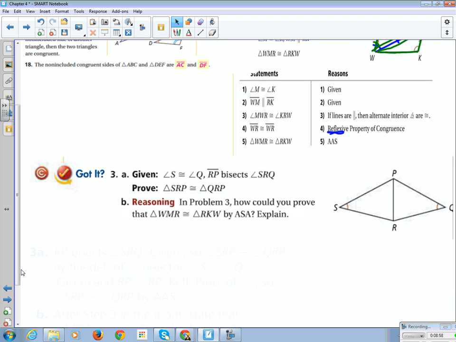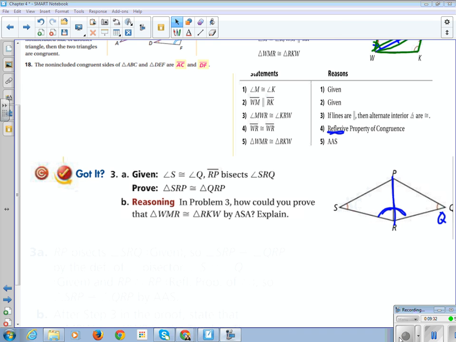We are given that angle S is congruent to angle Q, which is over here. This is Q. And that RP, this line right here, bisects angle SRQ. This whole guy here. We need to prove that the triangles are congruent, SRP and QRP.